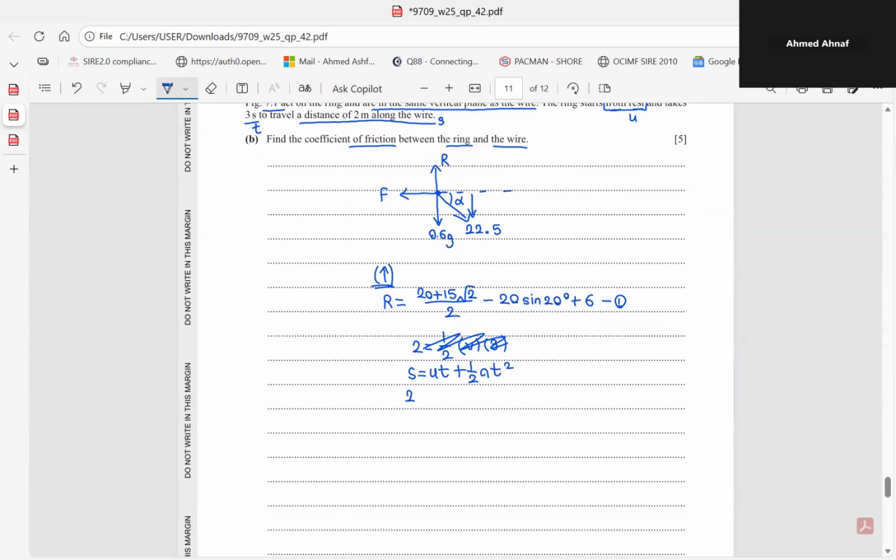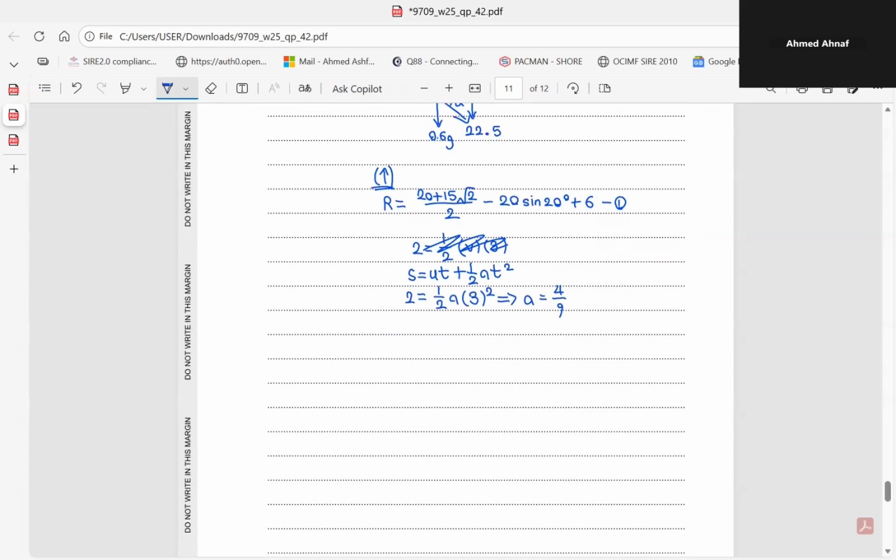So s is 2, and u is 0, so 2 equals half a times 3 squared. Then a, you would get 2 times 2 divided by 3 squared, which is 4 over 9.